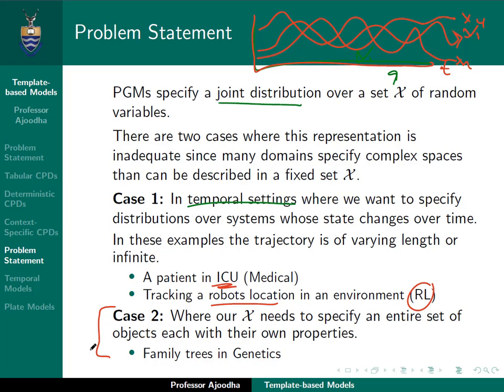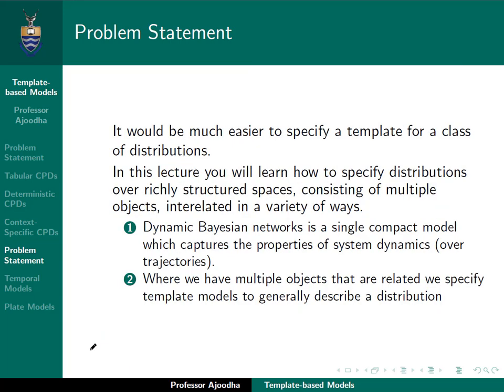So having PGMs as a template-based model can be very handy here because we wouldn't have to write out the same model 10,000 times, but rather just write it out in a modular way so that it can unfold on its own as it is needed. It would be really great if we could create this template class for PGMs so that we can unroll them as needed for either temporal problems or problems where there's lots of repetition, and we can have these graphical models unfold as much as we need them to.